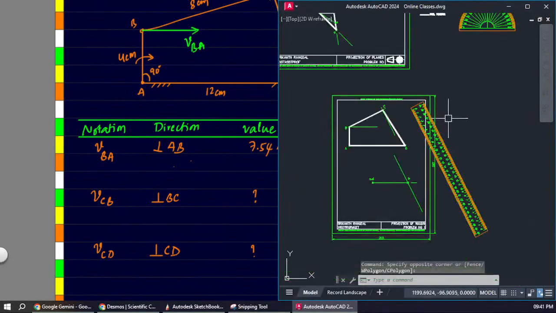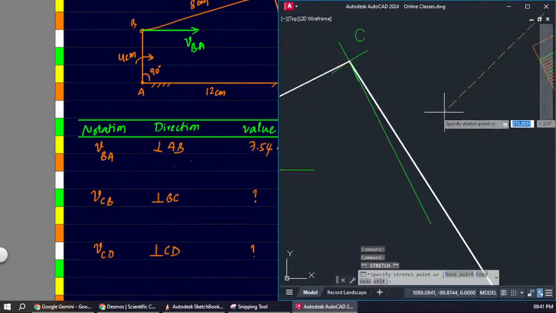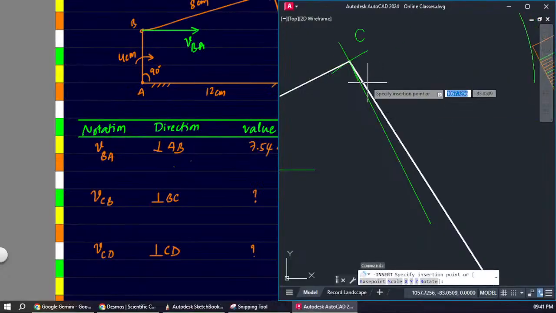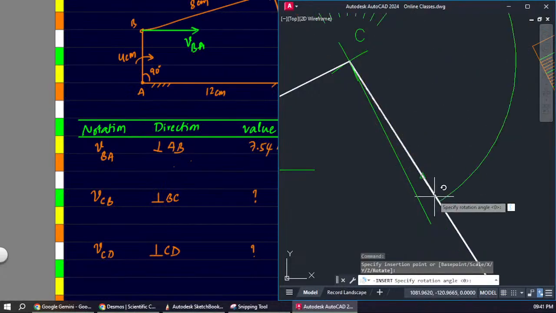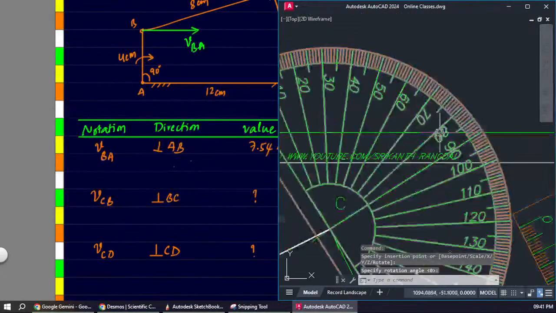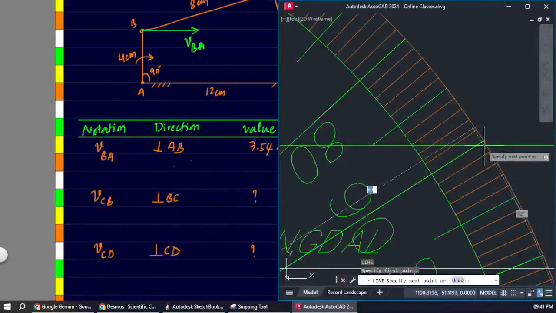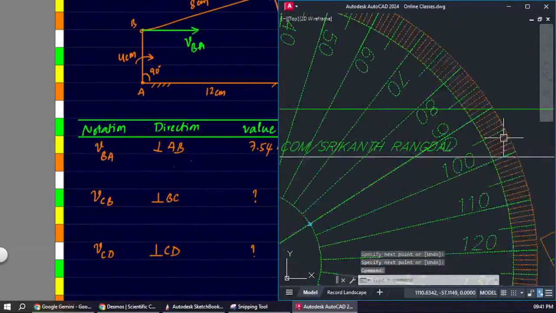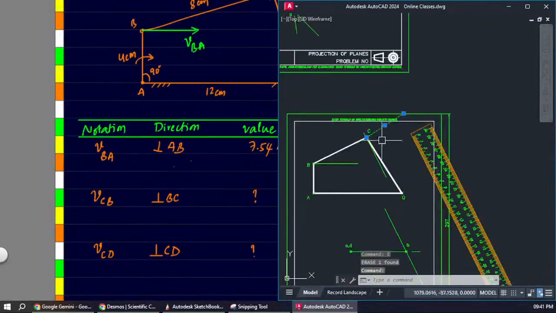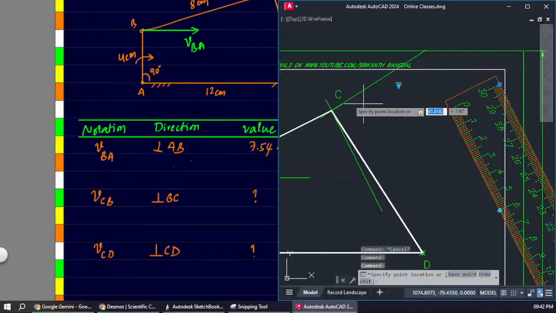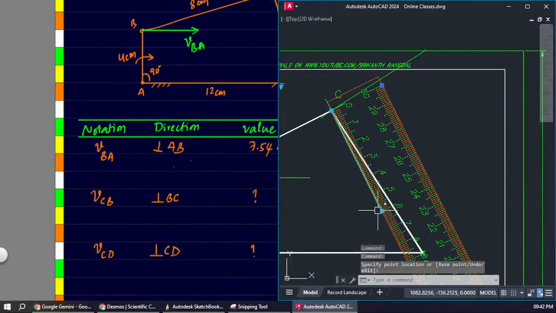So once again, take your protractor and keep it like this. Let's draw a temporary line at 90 degrees. So this line is perpendicular to CD, and our velocity should be parallel to this.